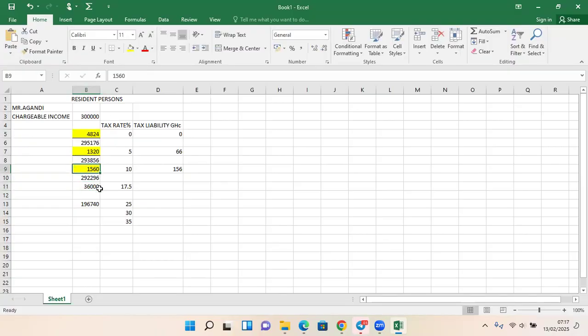Now we apply the tax rate, 17.5% on this 36,000, so equal to 17.5% times this. This is what we get. Then we subtract again.